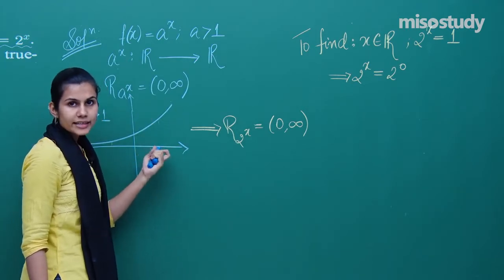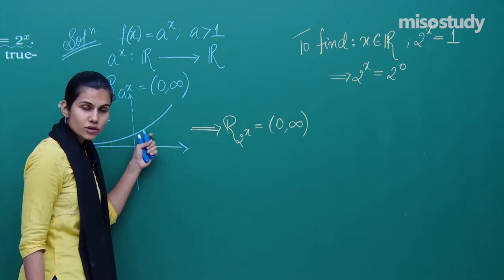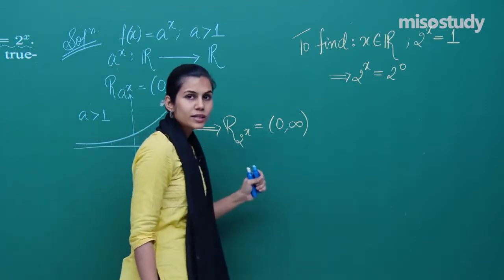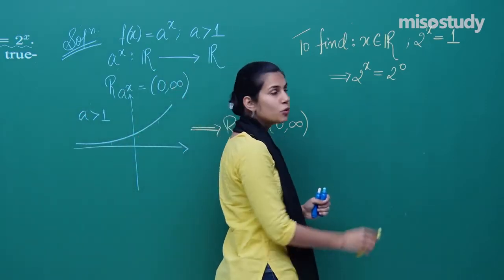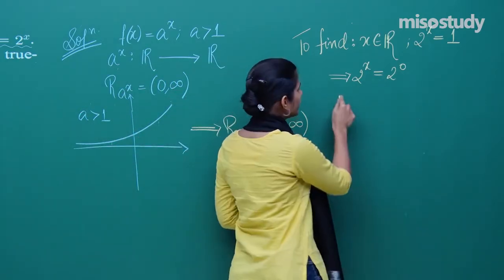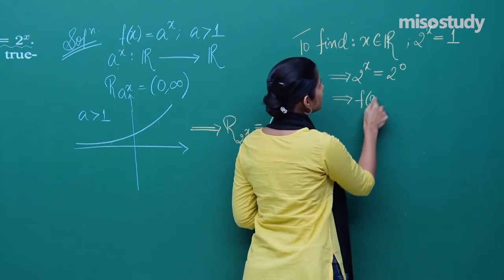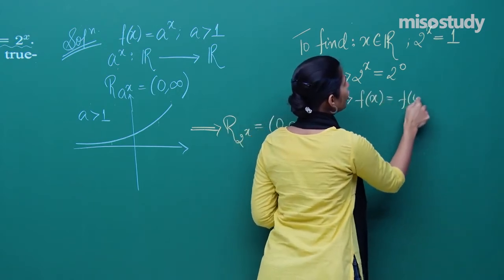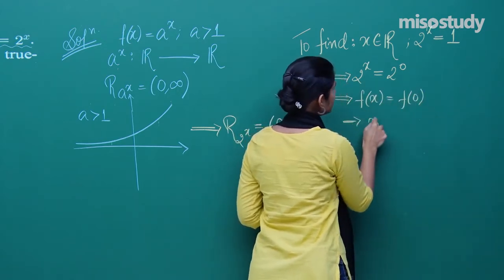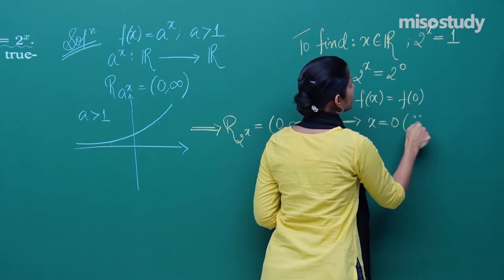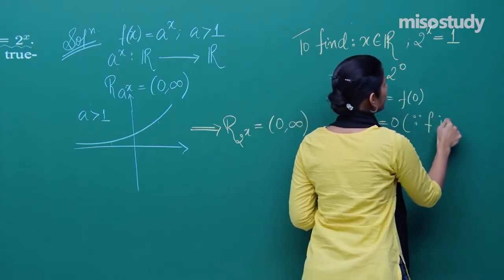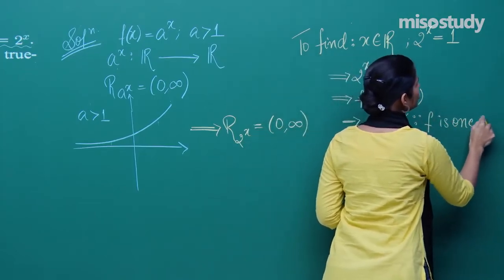Take the horizontal line test. This function is going to pass the horizontal line test. And by that we know if f(x) is equal to f(y), because over here we have f(x) equal to f(0), this implies x is equal to 0 since f is a one-to-one function.